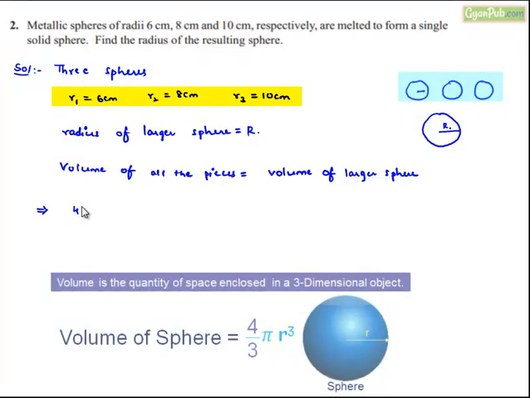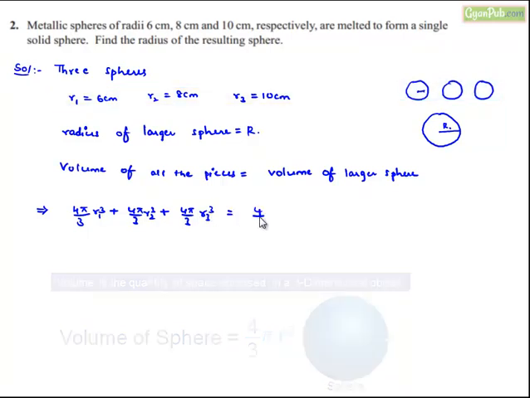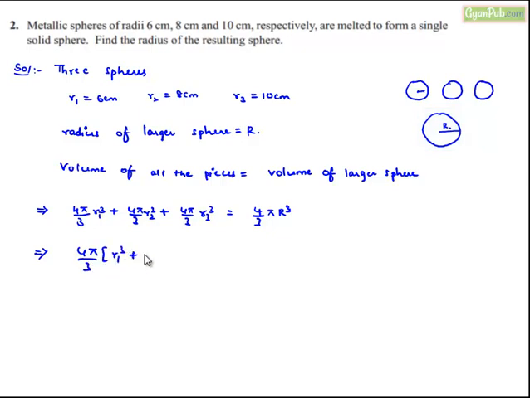Your volume will be 4 pi by 3 r1 cube plus 4 pi by 3 r2 cube plus 4 pi by 3 r3 cube, equal to 4 by 3 pi capital R cube, the volume of the larger sphere. If we take 4 pi by 3 common, it gets cancelled on both sides, so we are left with capital R cube equal to r1 cube plus r2 cube plus r3 cube.